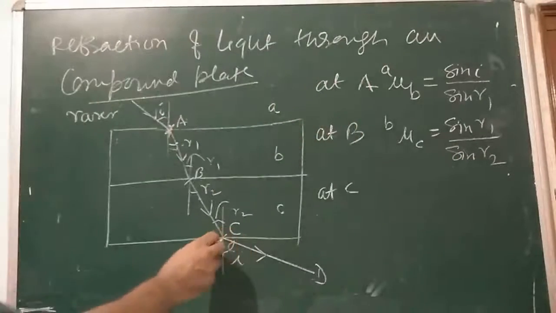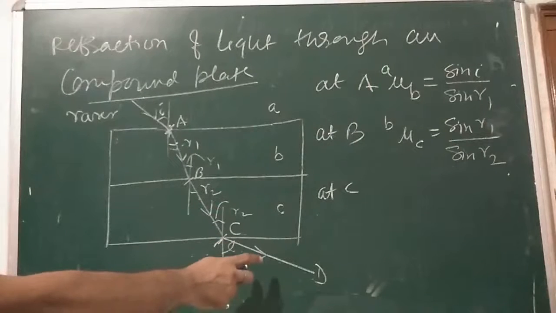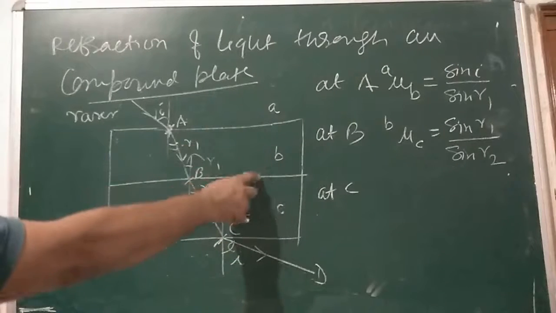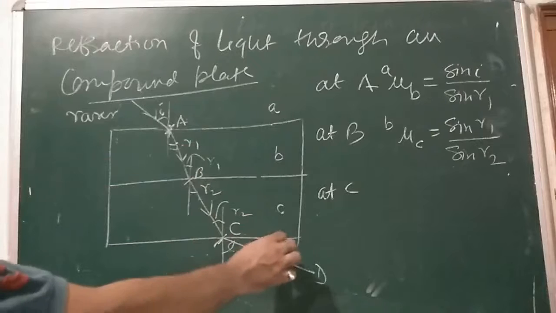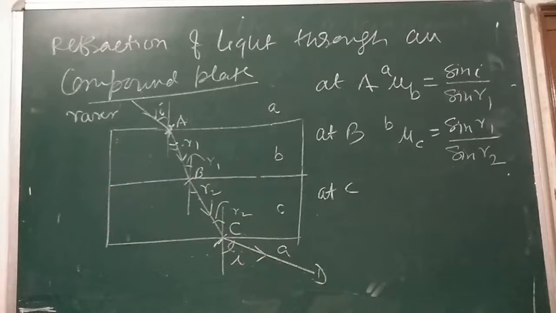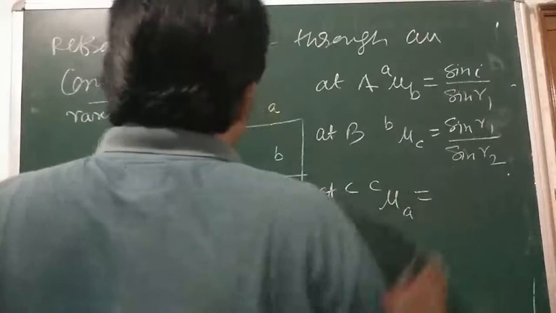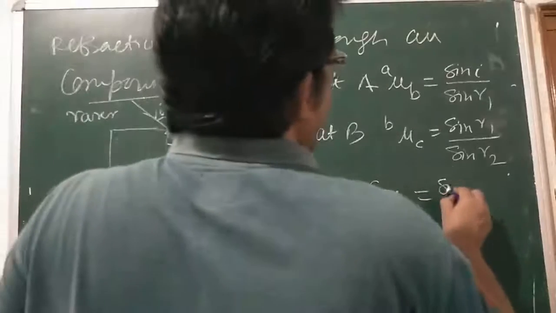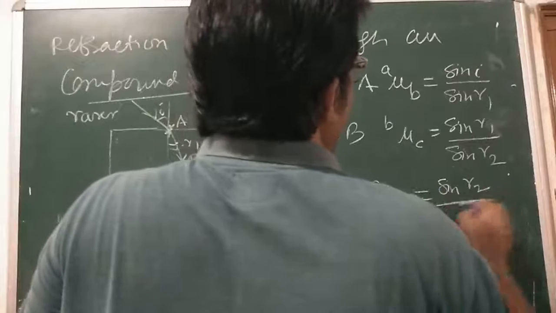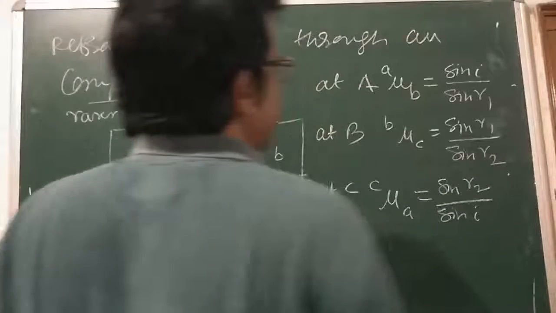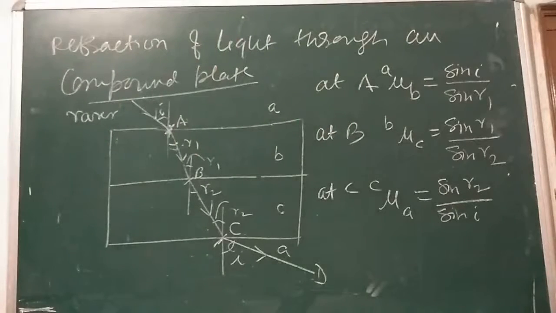Here it is, A, B, C, and here is again A. So I can write the refractive index of A with respect to C as sine of R2 divided by sine of I. So what are we observing?